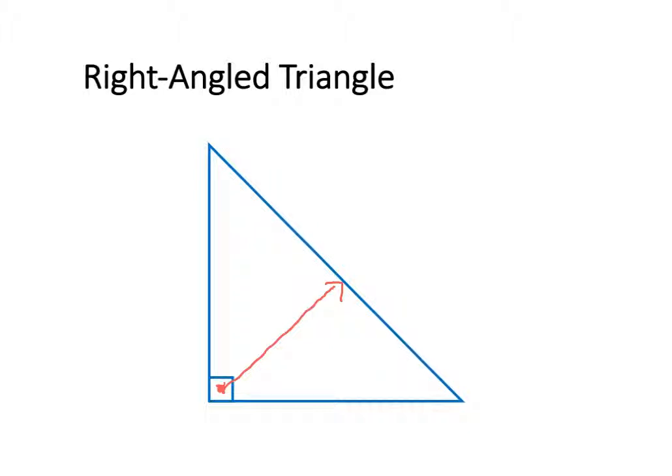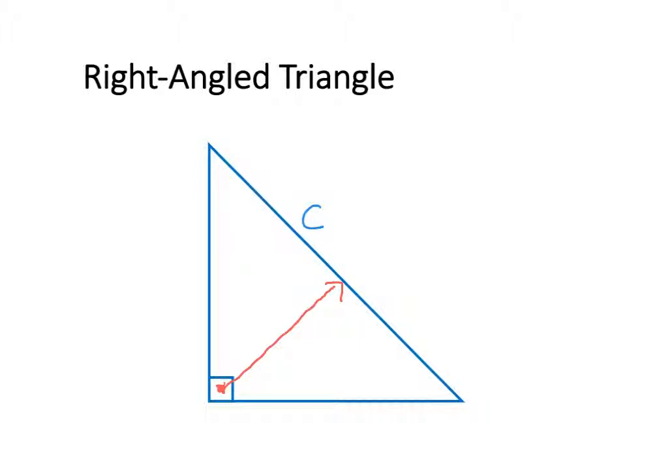And in Pythagoras, we label that side C. So the hypotenuse side is always going to be side C. The other two sides of the triangle, we label A and B. Now, it doesn't matter which one is A and which one is B, as long as we're not using A and B to label the hypotenuse.